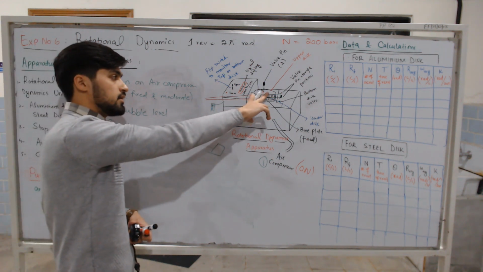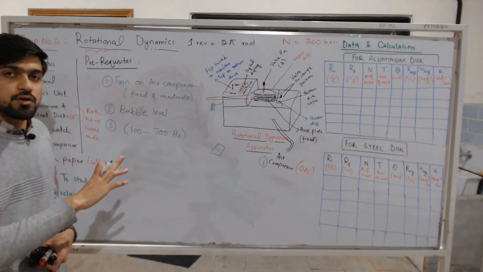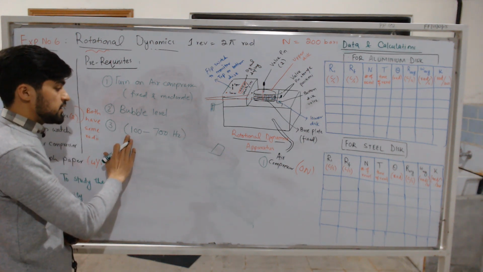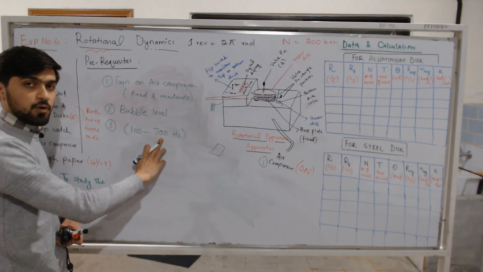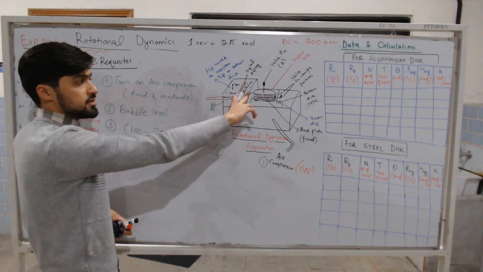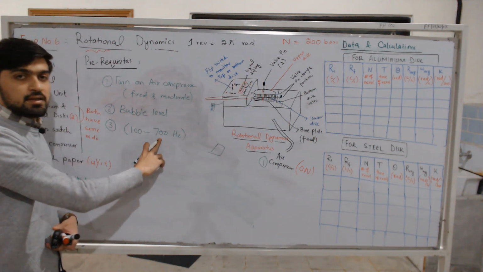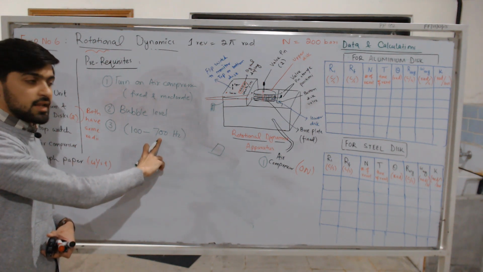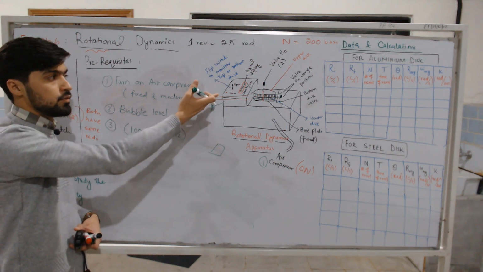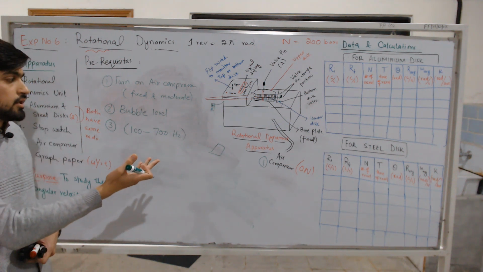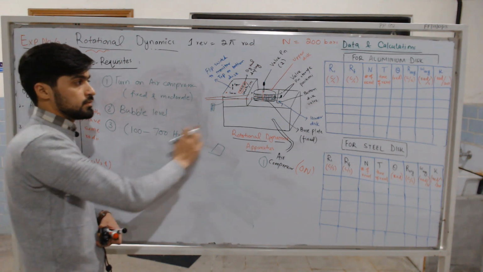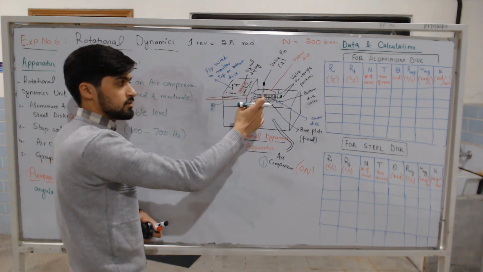You will not be rotating this too fast, because if it crosses 700, say the digital display measures 800 Hertz or 800 counts per second, because counts per second is the frequency, it will not be reliable. So you should always gently rotate the disc with your finger.